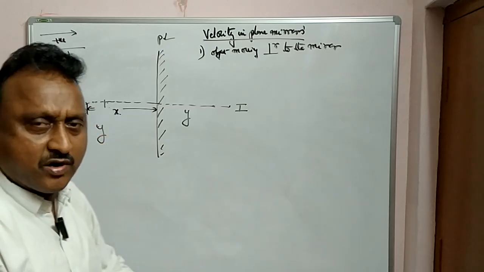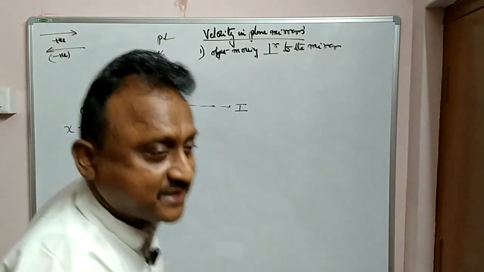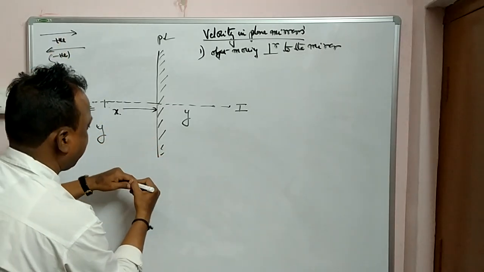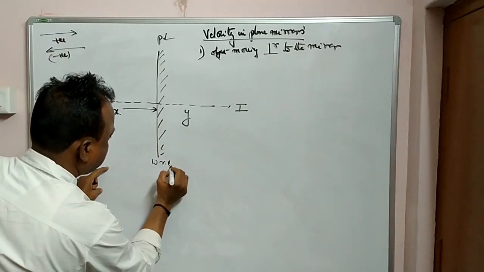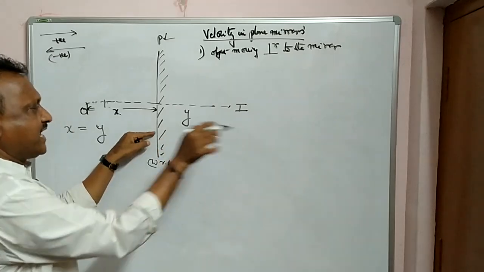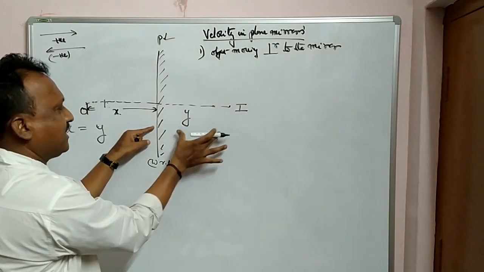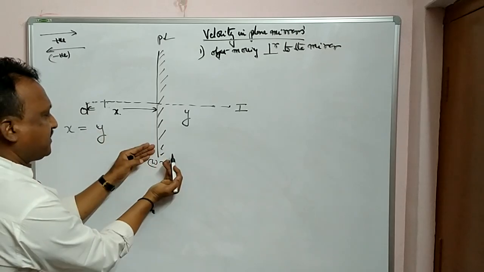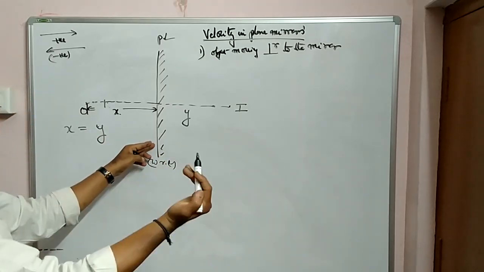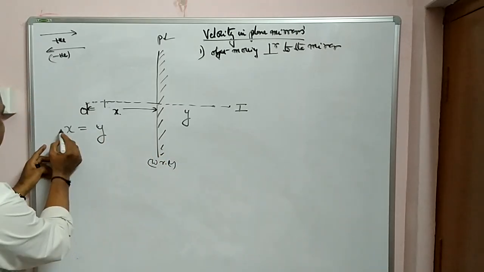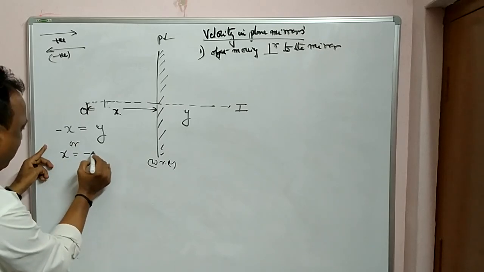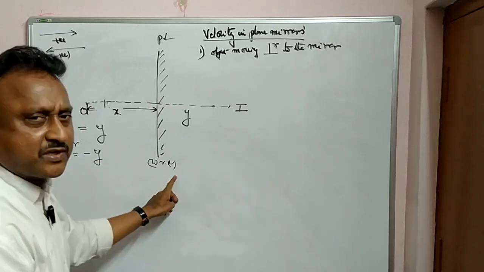Object distance is equal to image distance, and according to sign convention with respect to the mirror, this direction from the mirror for the image is positive, and the object distance on this side is negative, so minus x. Or you can also write x is equal to minus y with respect to mirror.